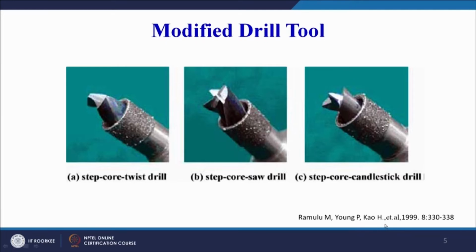This is an article by M. Ramulu, P. Yong and H. Cow, published in 1999, about 18 years ago, and they investigated 3 different drill point geometries: step core twist drill, step core saw drill, and step core candlestick drill. So different types of geometries have been tried in order to avoid the damage around the hole in polymer matrix composites, and more specifically fiber reinforced plastics.